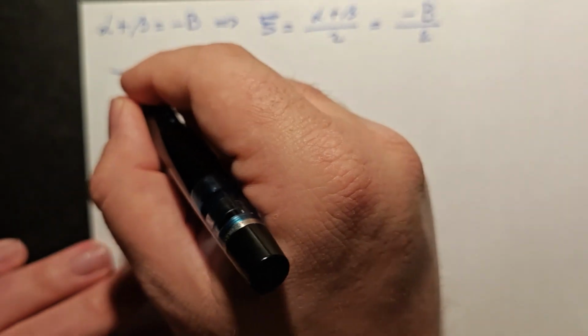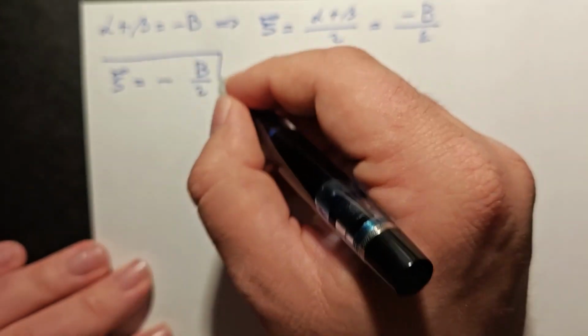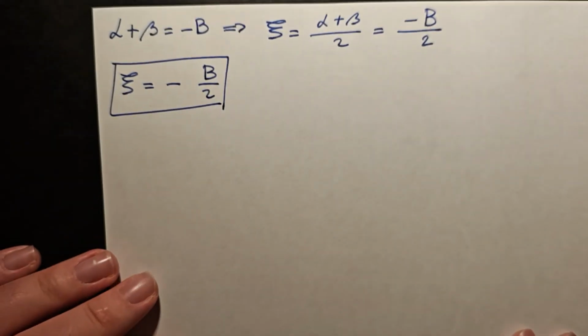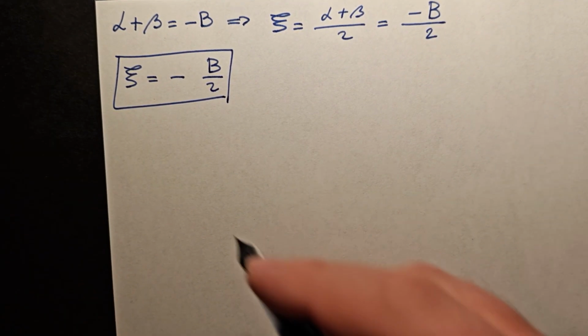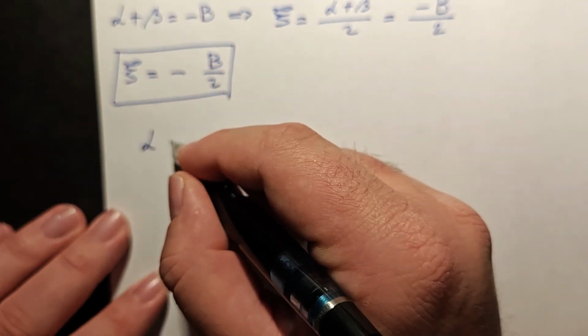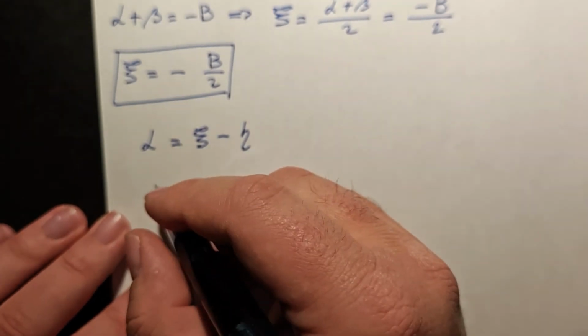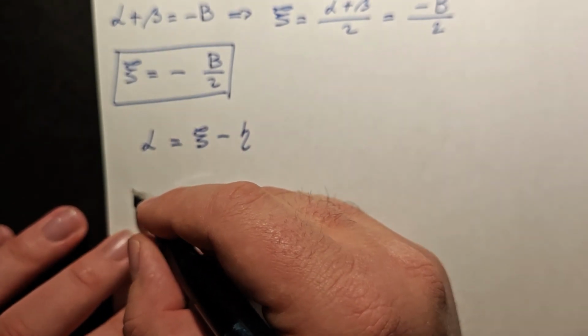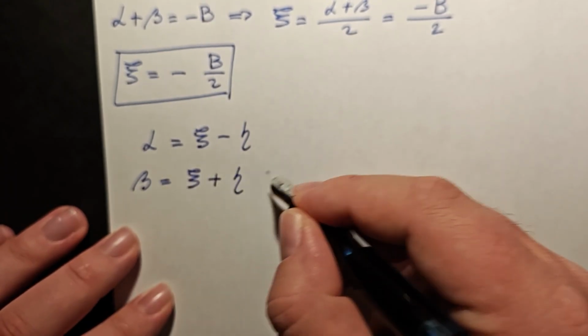So that means that c is equal to negative b over 2, and thus we have found the center dot between points alpha and beta. We can write dot alpha as c minus eta, and we can write the dot beta as c plus eta.